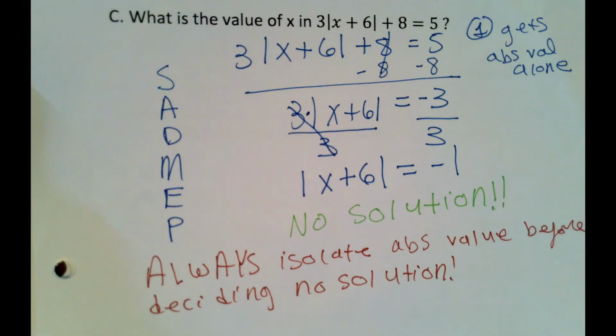Because if you don't isolate your absolute value all the way, you may think, oh, there's a negative number, that's a no solution. And after isolating it all the way, it doesn't stay negative on the other side.